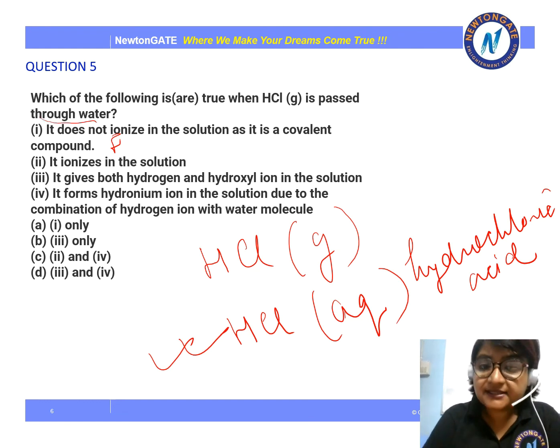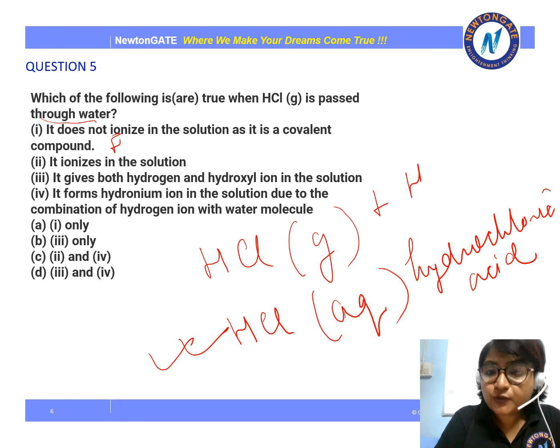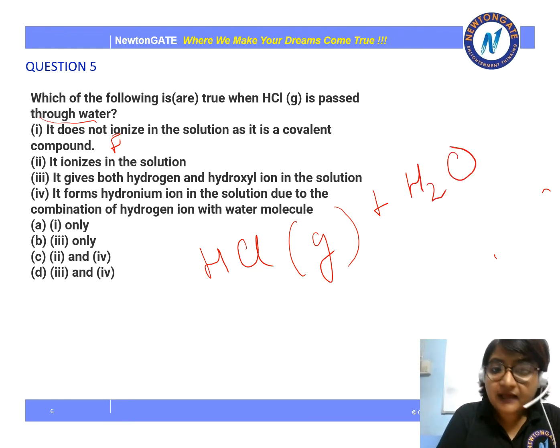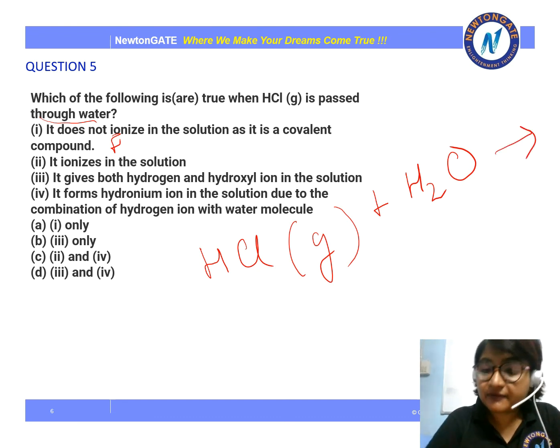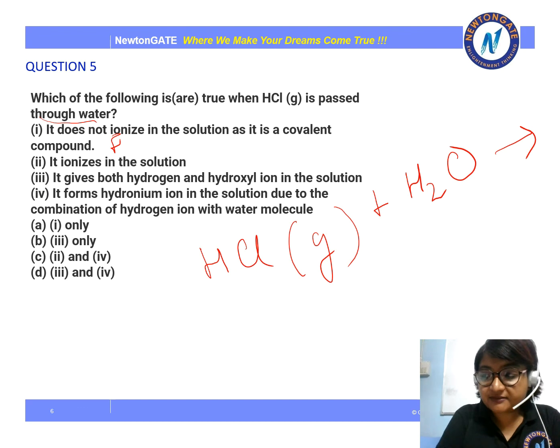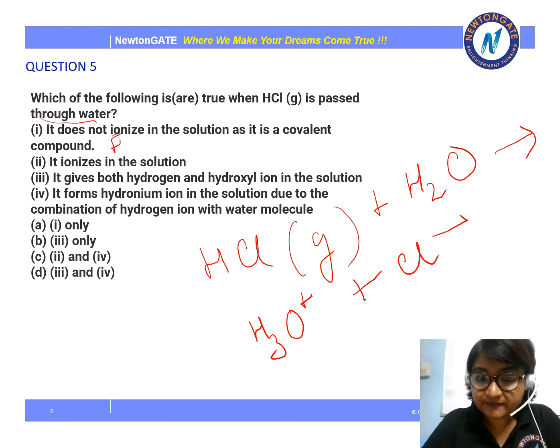When you are passing the HCl gas through water, it will ionize the solution. It will become acidic because it will give hydrochloric acid, right? The reaction will be like this: H3O plus and Cl minus.